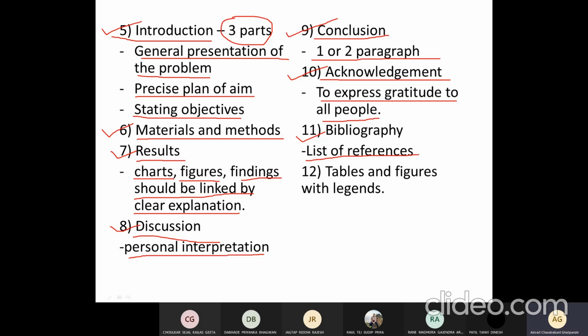If there are certain books referred to, they should be listed in a proper way. Or if any TV program, website, blog, or any other article or newspaper article is used as a reference, that should be listed in a proper format.